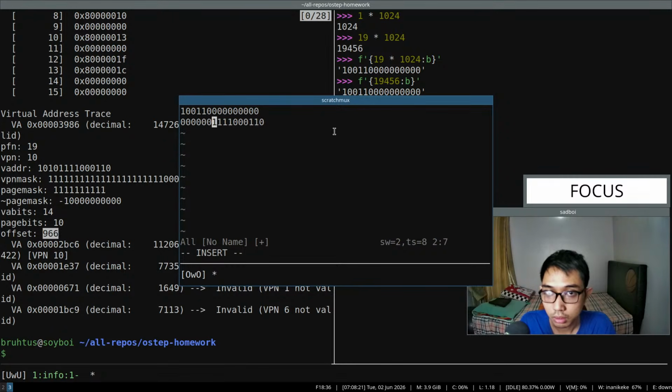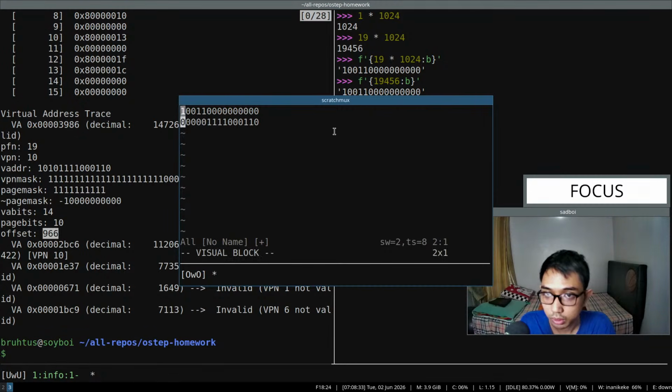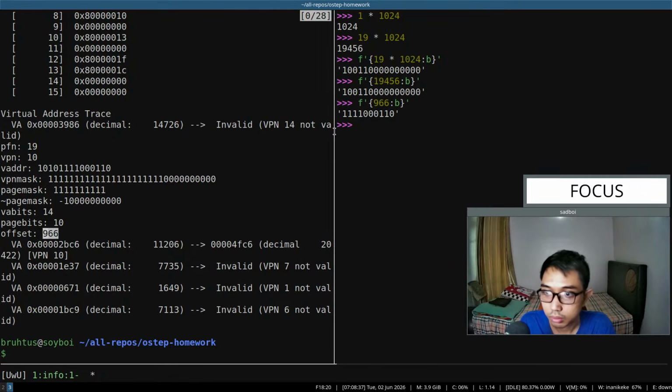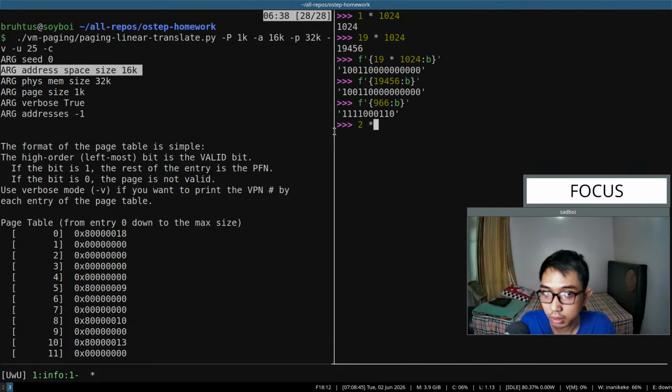I think something like this. Maybe. We have address space 16K.